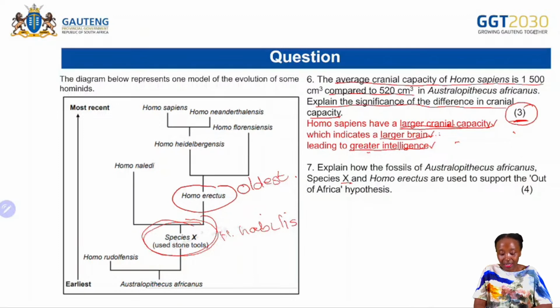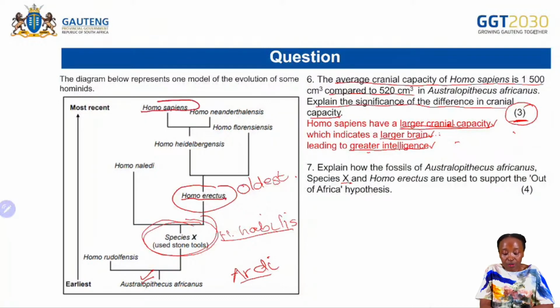So remember that. When you look into the out of Africa hypothesis, we said Australopithecus, Ardipithecus, and Homo habilis, these 3, their fossils were only found where? In Africa.